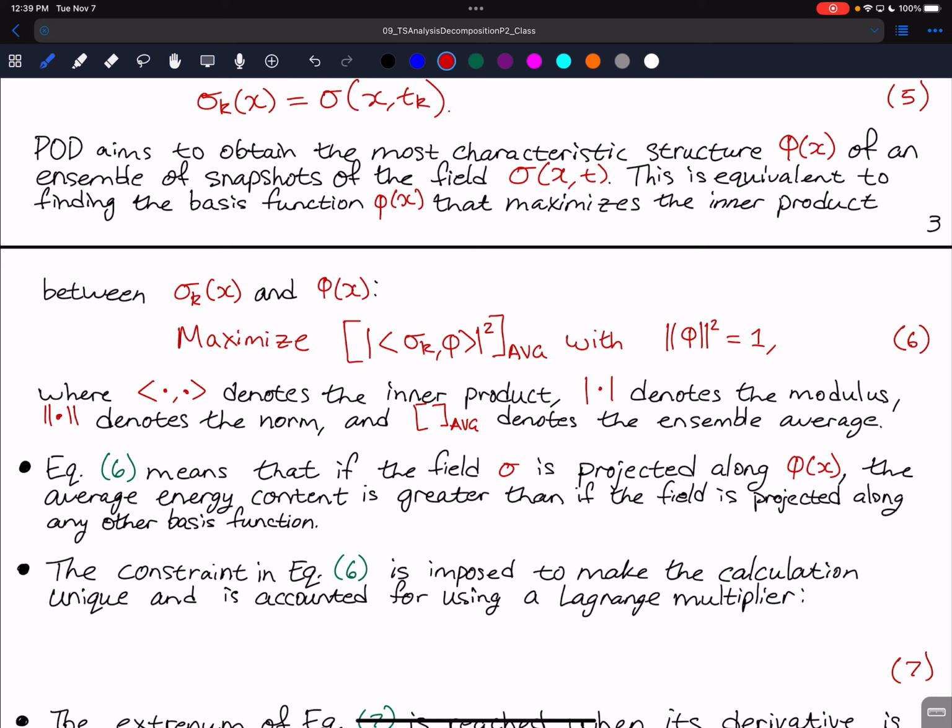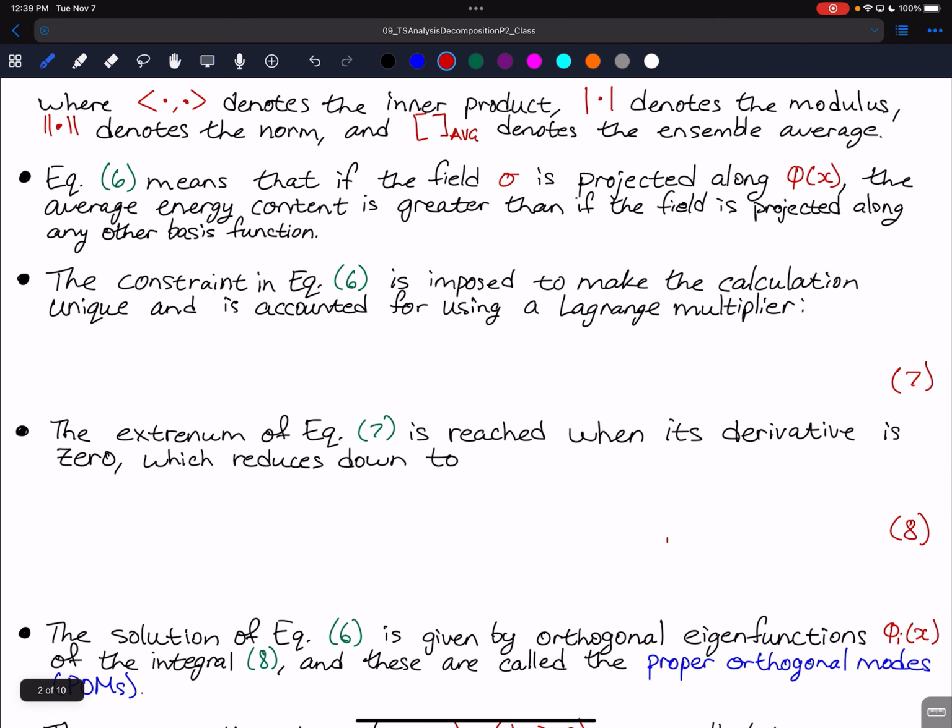From here, what we're going to do is take that constraint and add it into the maximization above using a Lagrange multiplier, which we can then write as J, a functional acting on our basis function phi, equal to that ensemble average of the modulus squared of the inner product of sigma k and phi, minus some lambda times the quantity, the norm of phi squared, minus 1.